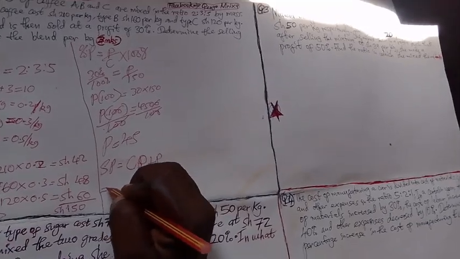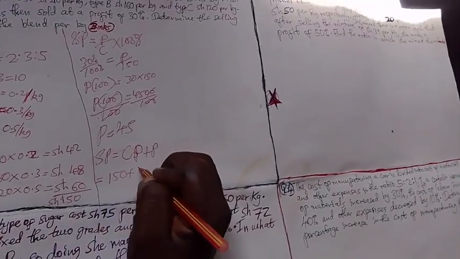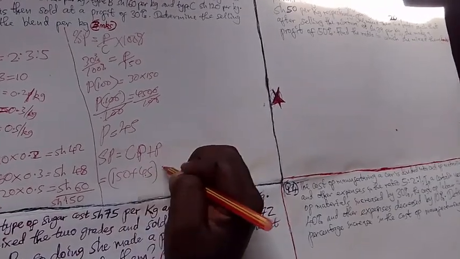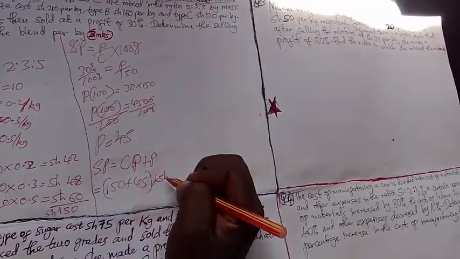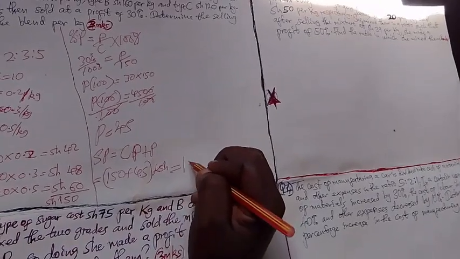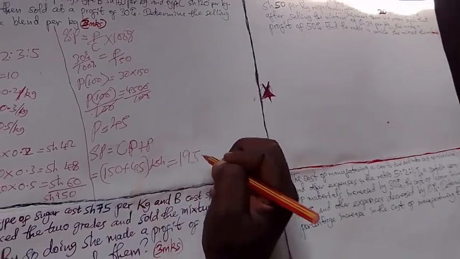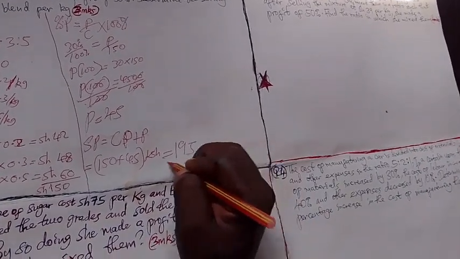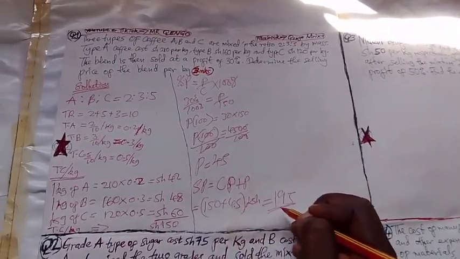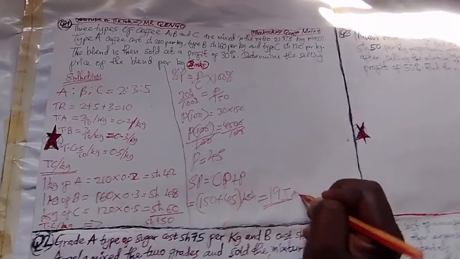Therefore, 150 plus 45, remember these are shillings, is equal to 195, and this is the answer for the question.